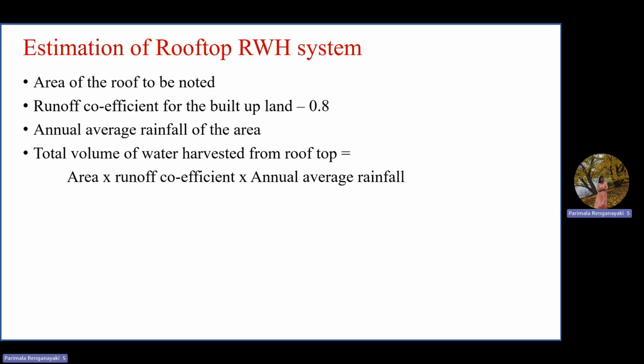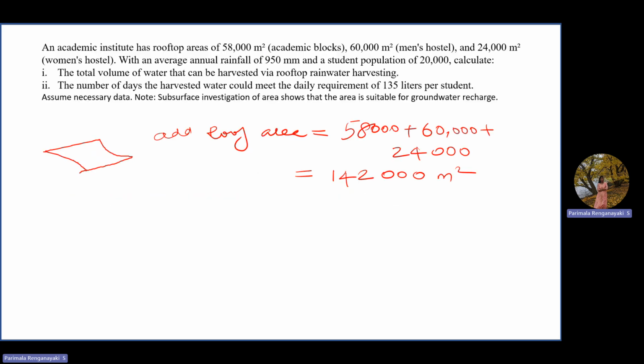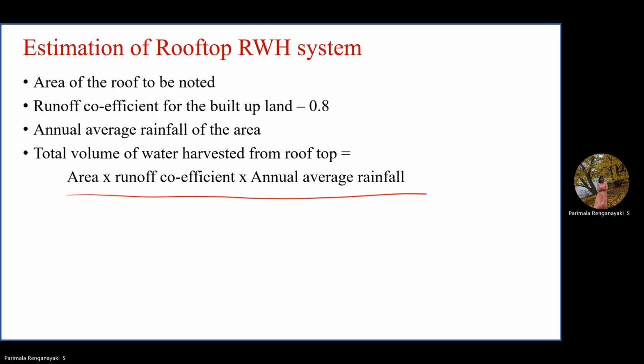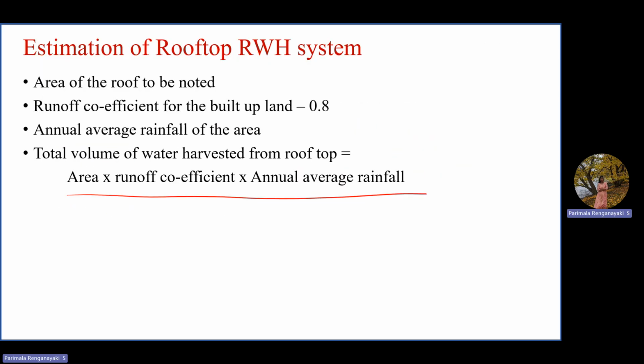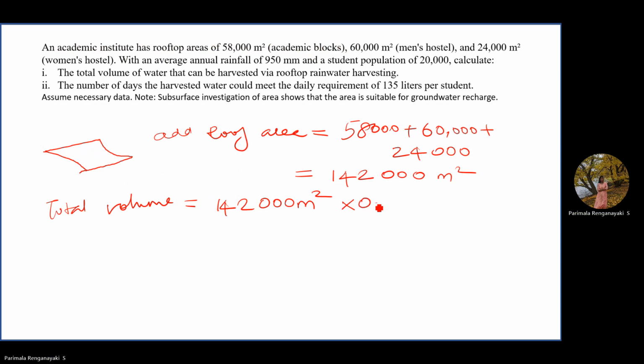So the formula here is area into runoff coefficient into annual average rainfall. So total volume is equal to area, 142,000 meter square, into runoff coefficient. Here, the runoff coefficient for the building is 0.8, into annual average rainfall. It is given 950 mm.